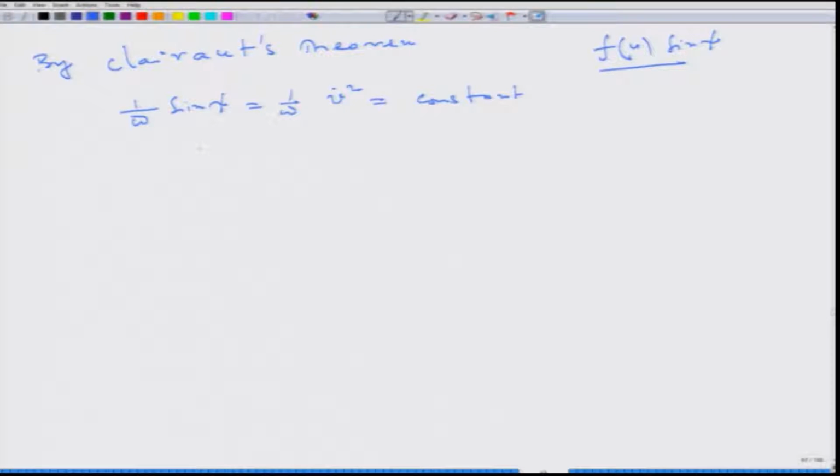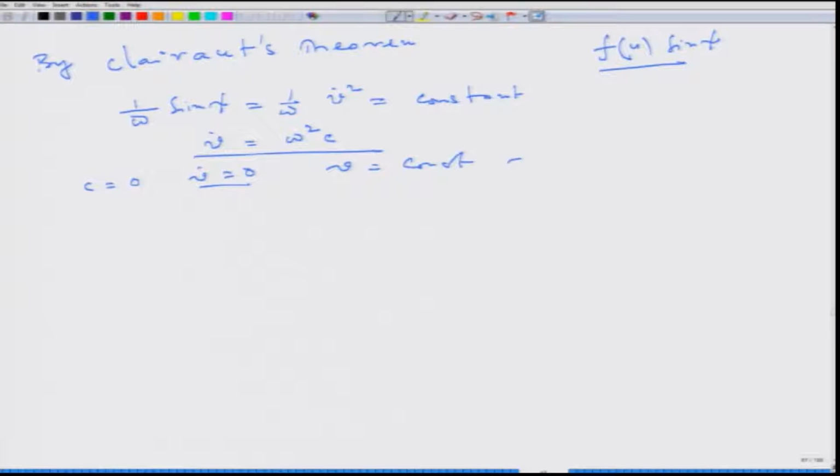So, I get v dot equal to w square c, where c is the constant. Now, if I put c equal to 0, then v dot equal to 0, so v is constant.